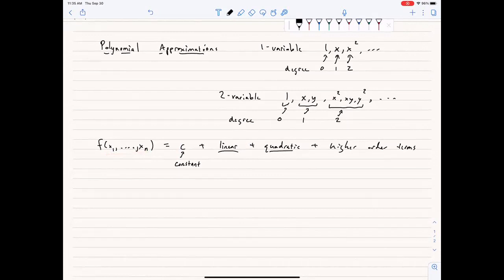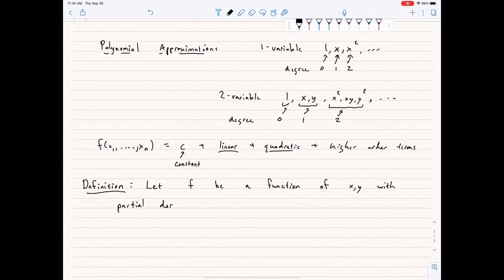All right, so let's give the definition of linearization of a function at a particular point (a, b). And then we'll work out a problem and soon see what this definition is telling us geometrically. All right, so let f be a function of two variables x, y with partial derivatives at (a, b).